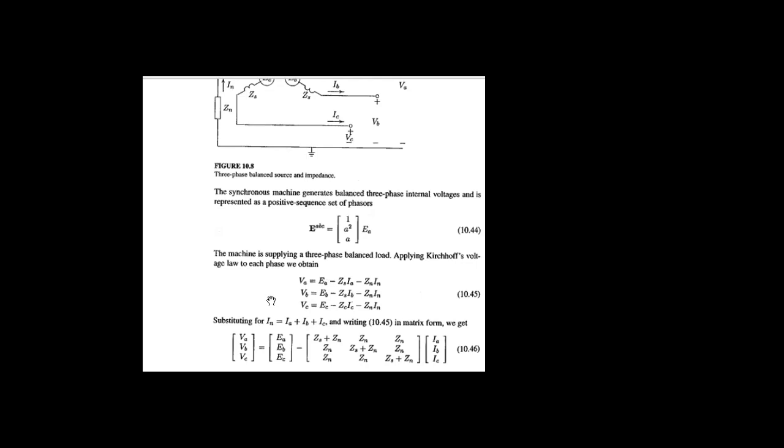It is actually the sequence component for the three-phase circuit. This title you can consider sequence network. Instead of sequence component, it is sequence network now, like positive network, negative network, and zero sequence network.